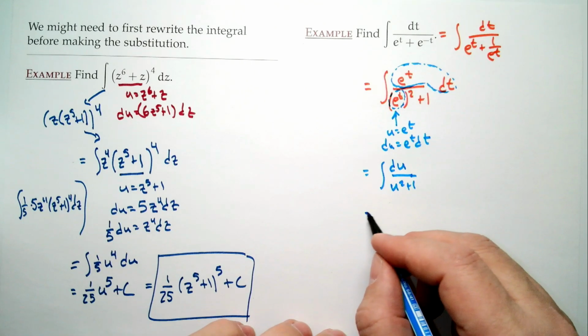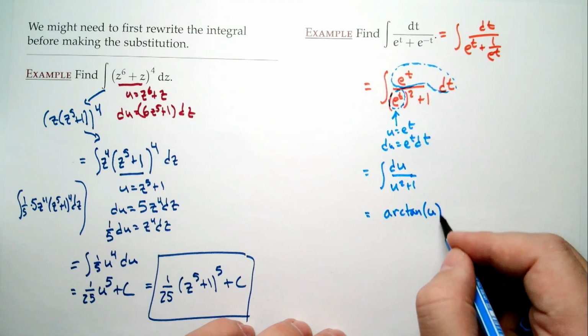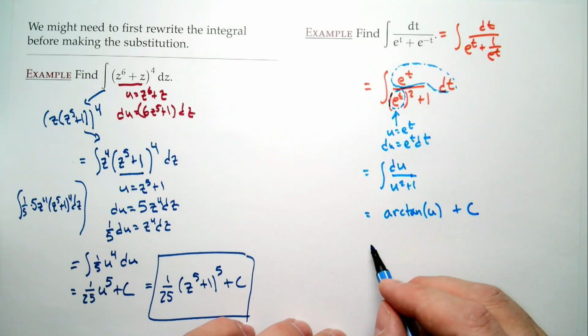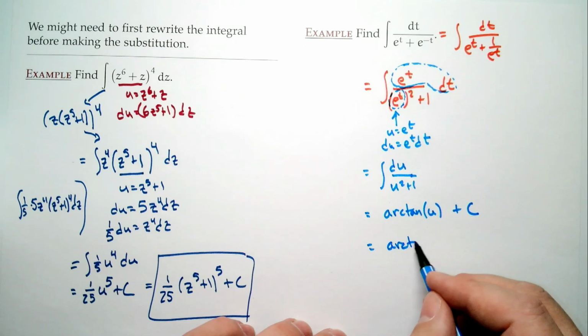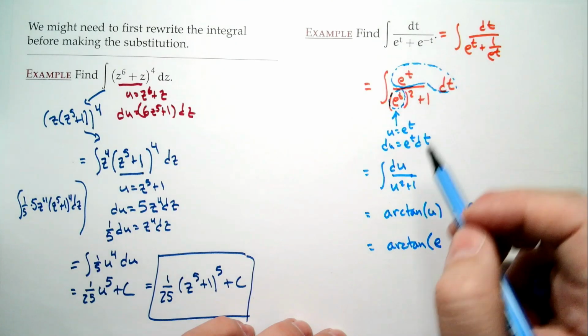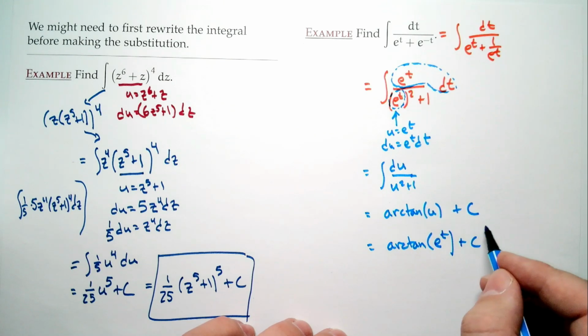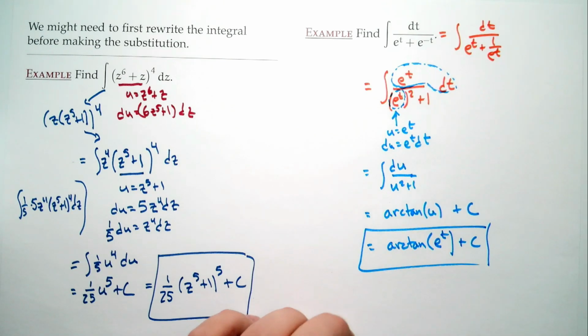What is it? Arctangent. So arctangent of u, add on your plus c, and finish up: arctangent of e to the t, because we started with t. And that's it. We're done.